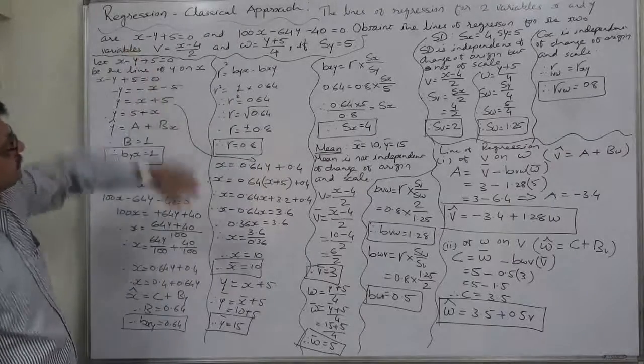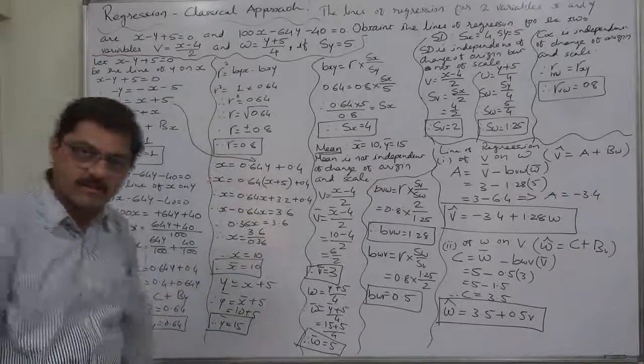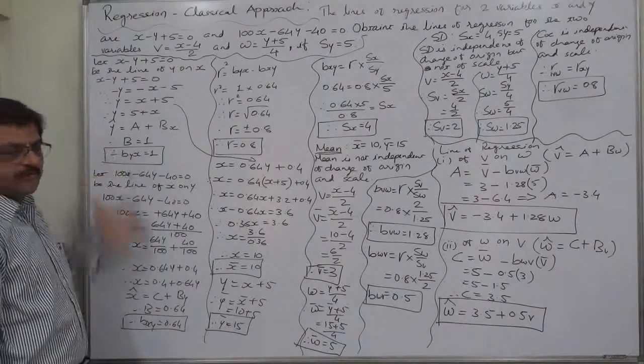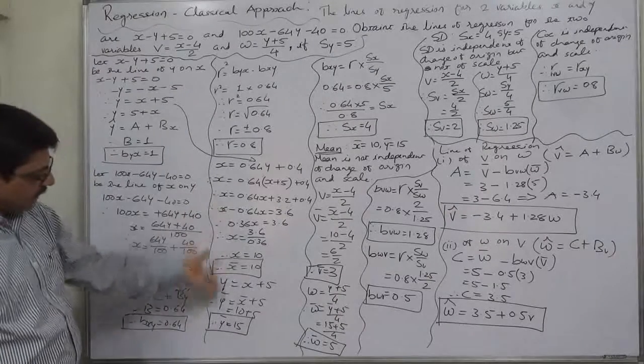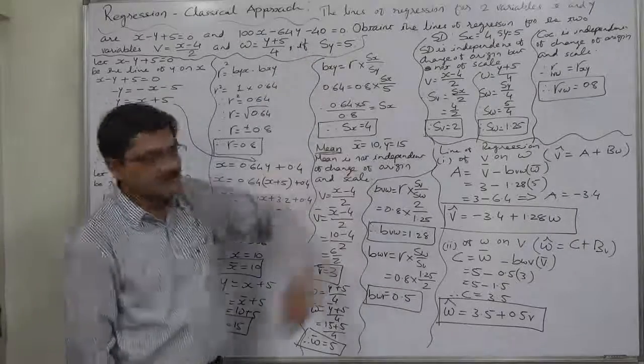In the original question the data was available for X and Y, from which we found the coefficients of regression, coefficient of correlation, means of X and Y, and standard deviation of X, while Sy was 5.